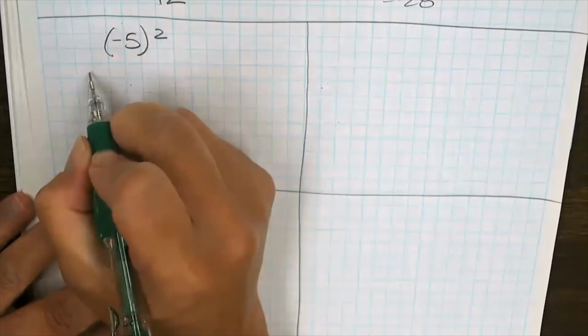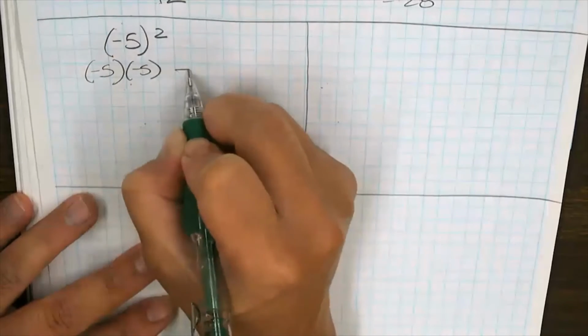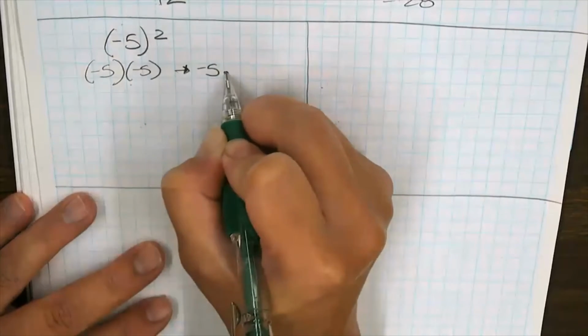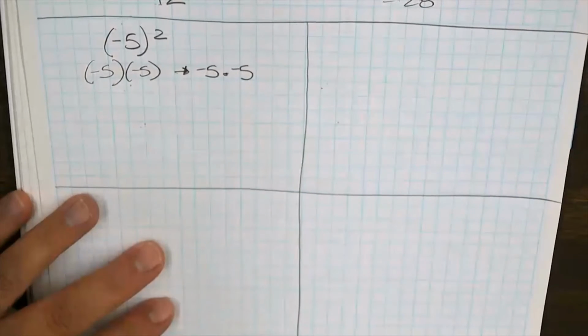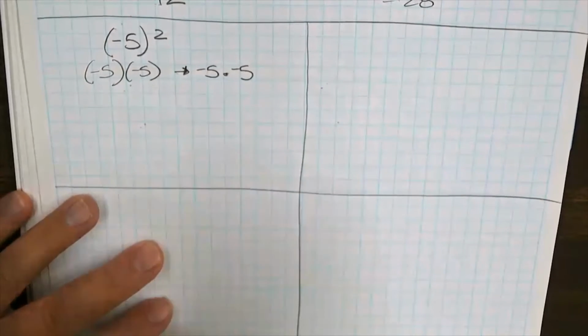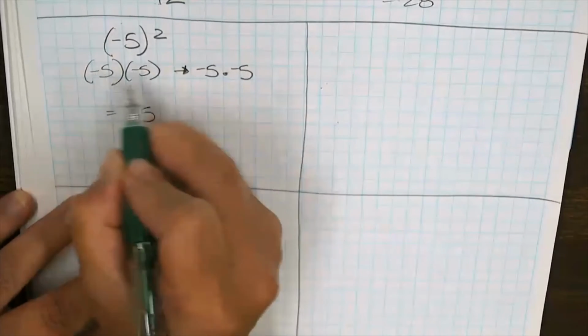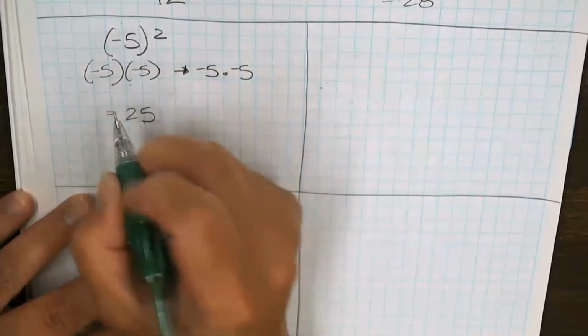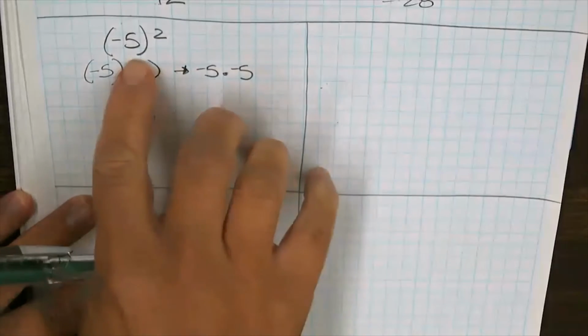So this means negative 5 times negative 5. It could also look like this. They're both the same thing. So we know 5 times 5 is 25, and since my signs are the same, my product is positive.